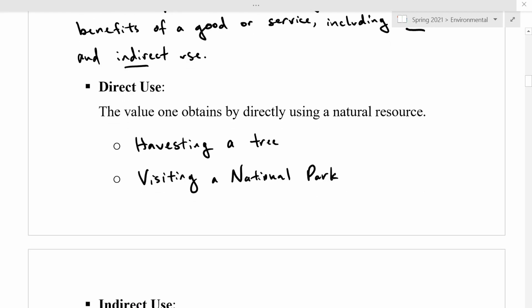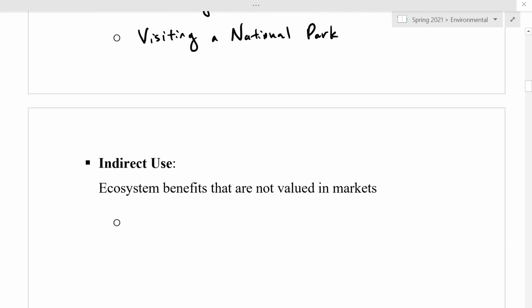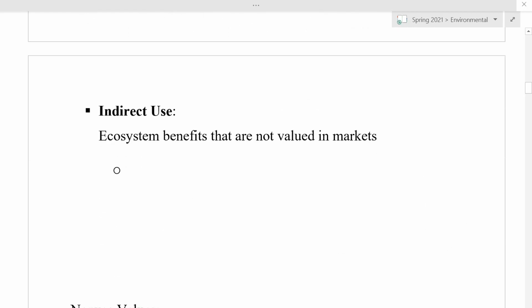But like I said above with the forest, there are also indirect uses and values that come from these environmental goods. A couple examples here could be flood or erosion prevention. Trees do a great job of helping to prevent erosion in streams and rivers and such. So that would be an additional value of that forest, but it's an indirect use.